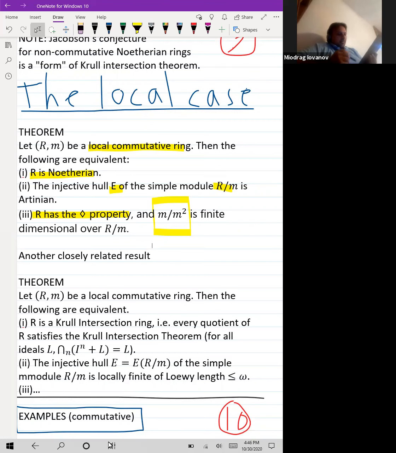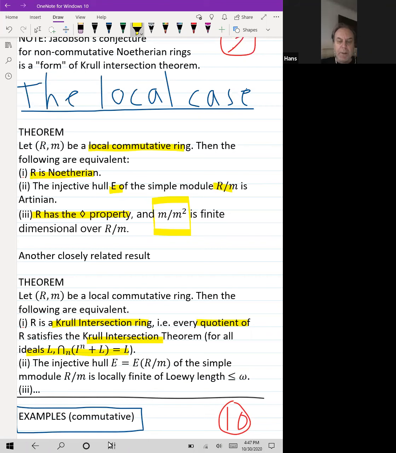Perhaps interesting to note is that if you take a local commutative ring, we're not assuming it's Noetherian, then R has the Krull intersection property, which means that every quotient of R satisfies the Krull intersection theorem, the statement that for all ideals I, this intersection is equal to I. So all quotients satisfy the Krull intersection theorem. That would also be the same as saying that every ideal is closed in the m-adic topology, if you want to say it in a topological sense.